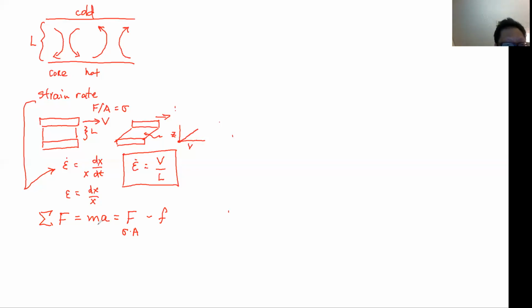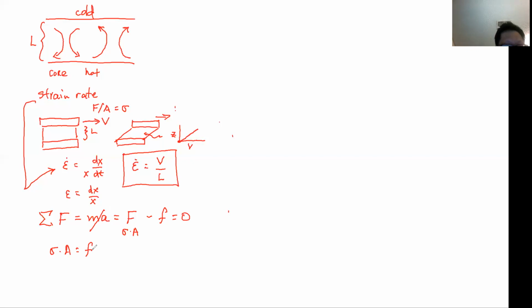And what we're going to do, make our assumption here in this little experiment that you might do in your kitchen, is that it's viscous enough that as you slide it, you can do it at a constant rate, a constant deformation rate, constant strain rate, right? And so this term we can set to equal 0. So our applied force, sigma times A, will then equal the frictional force, okay?